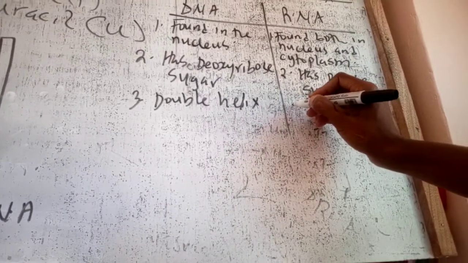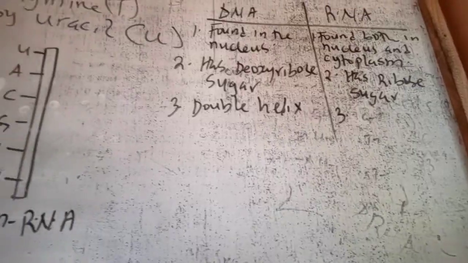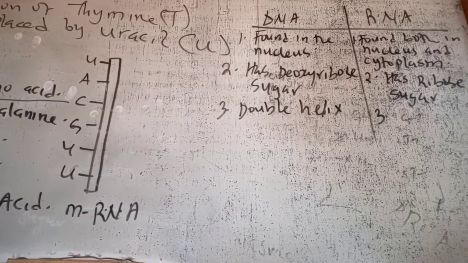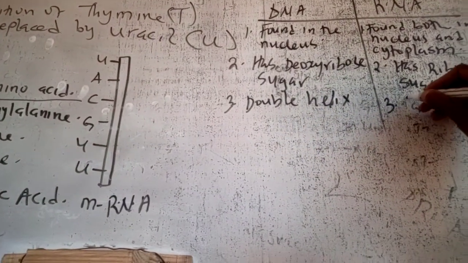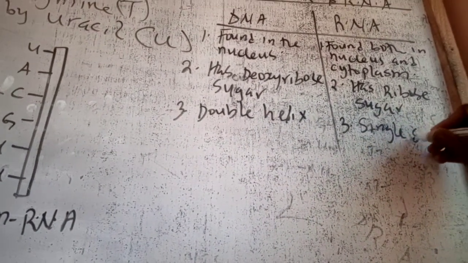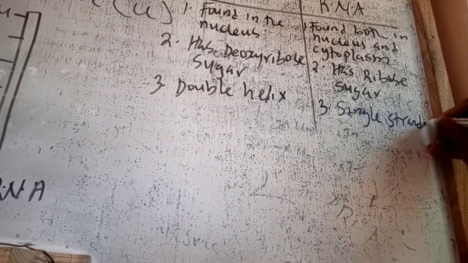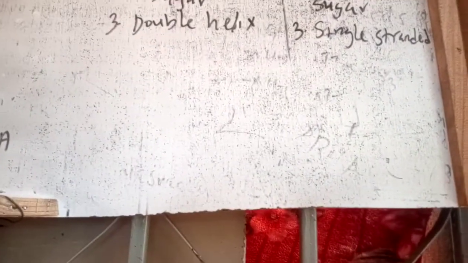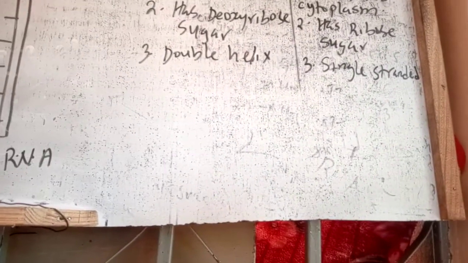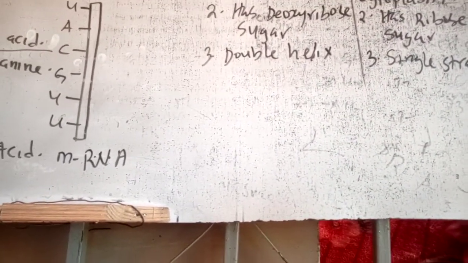And number three, as far as the other one is concerned, RNA is single-stranded. And therefore you can look at them and you can see that those are the differences that we have between the DNA and the RNA.